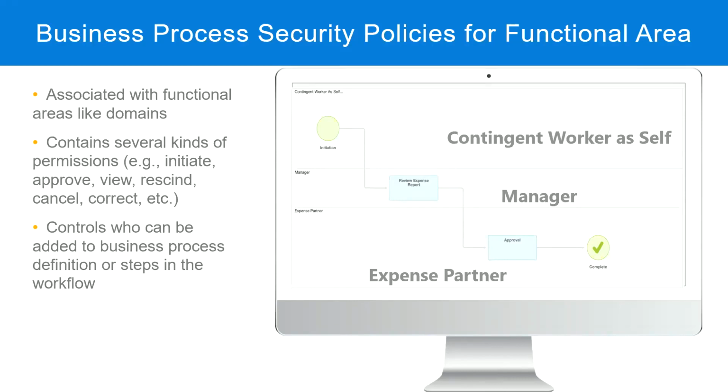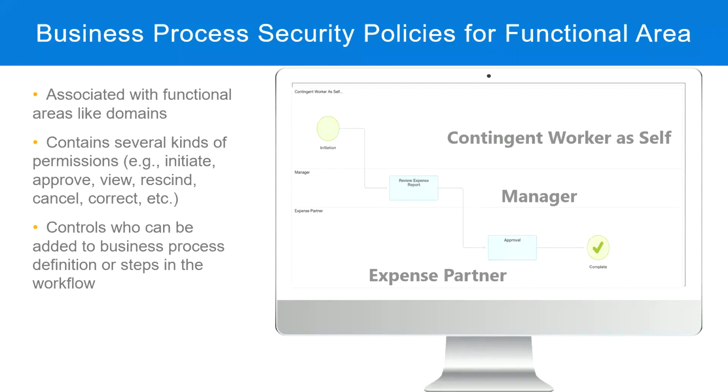One is domains, one is business processes. So business processes are also associated with functional areas, just like your domains are. And the business processes are secured by the business process security policy.